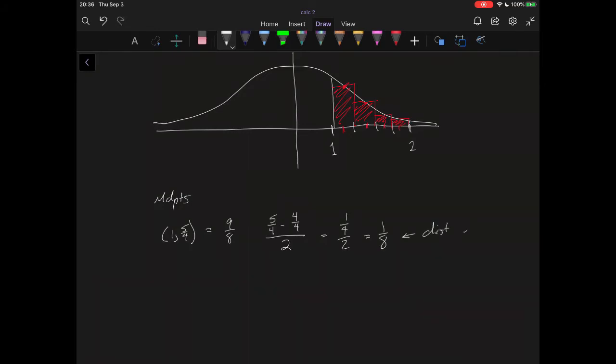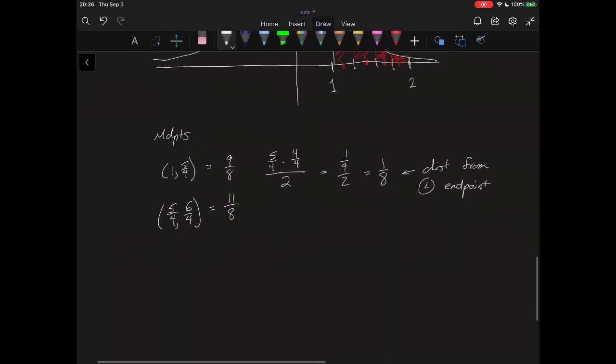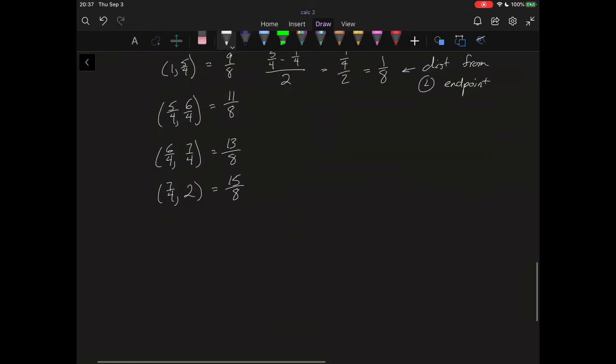So that tells us the midpoint between 5/4 and 6/4 is 11/8, or 1/8 to the right of 5/4. The midpoint of 6/4 and 7/4 is 13/8, and the midpoint of 7/4 and 2 is 15/8.